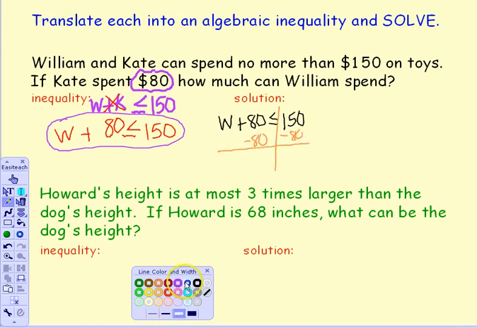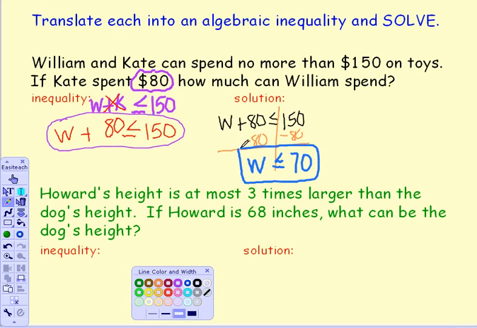We've got a solution of W is less than or equal to 150 minus 80, which is 70. So in word format, William's amount that he can spend has to be less than or equal to $70.